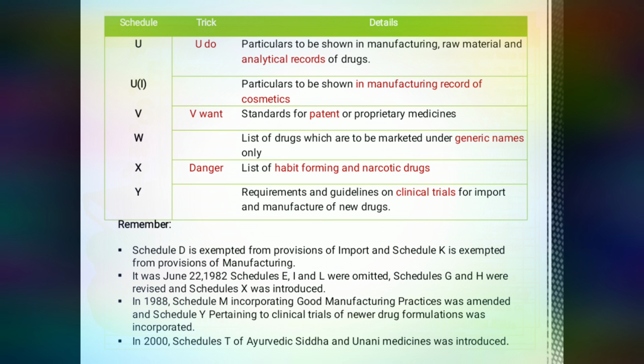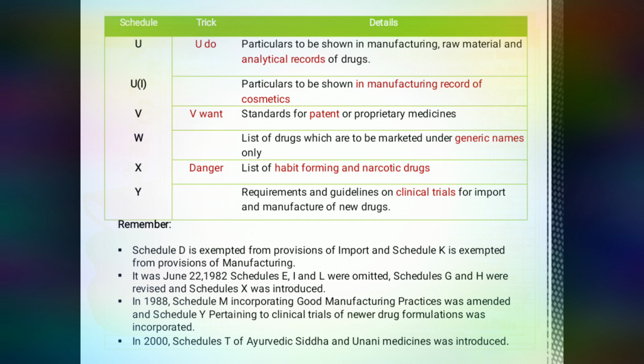Few of the important points. Schedule D is exempted from provision of import and Schedule K is exempted from provision of manufacturing. Also, it was June 22nd, 1982 when Schedule E, I and L were omitted, Schedule G and H were revised and Schedule X was introduced.